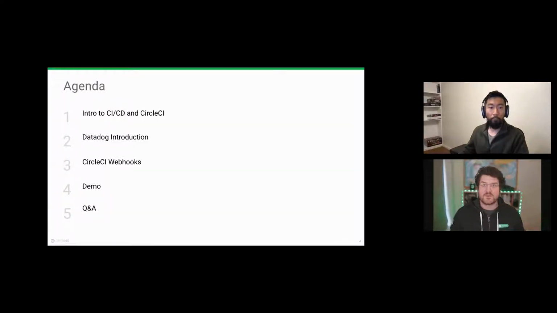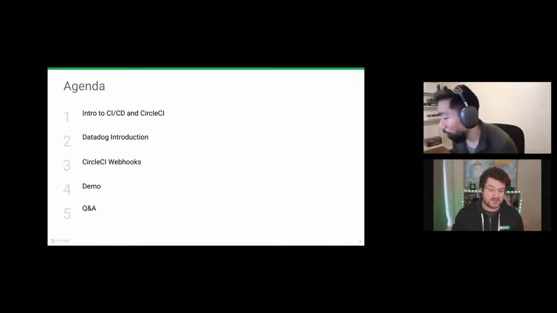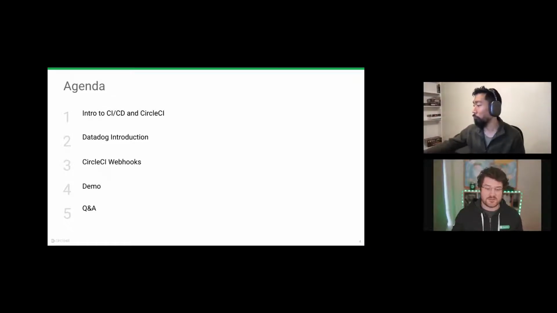So what we'll cover today is first we'll go through some basics about CI/CD in general, what the words really mean, and what the tech is all about, and CircleCI, the company. And then it's off to Brian to introduce us to Datadog and tell us a thing or two about the cool stuff that they're up to.